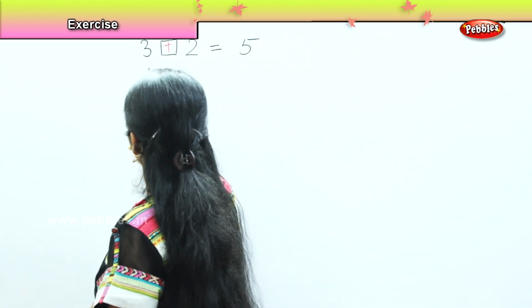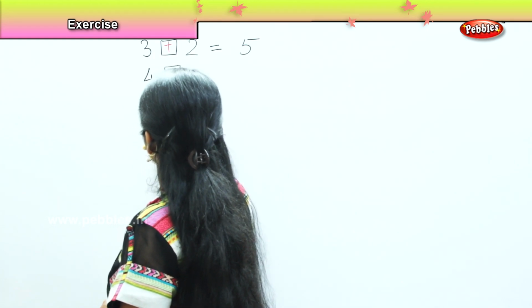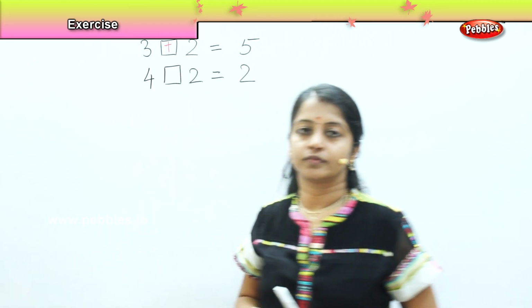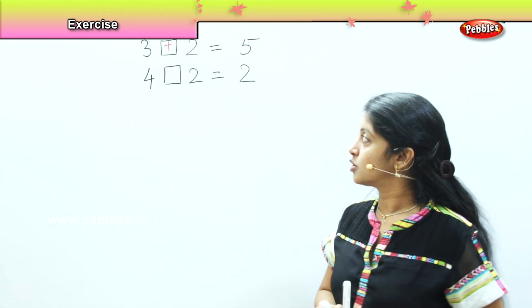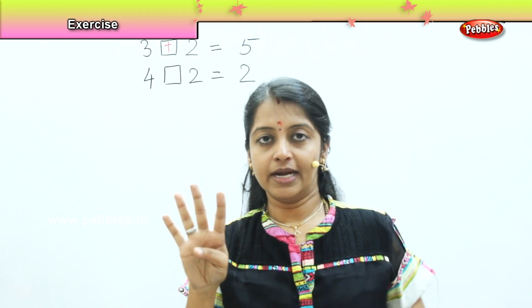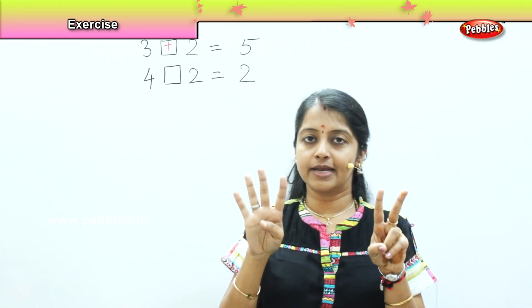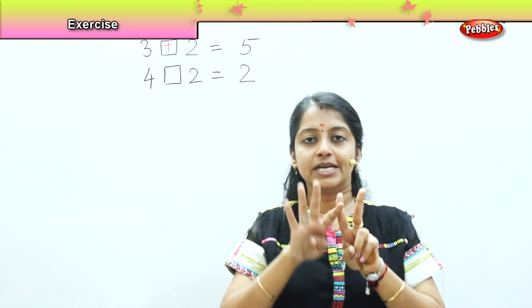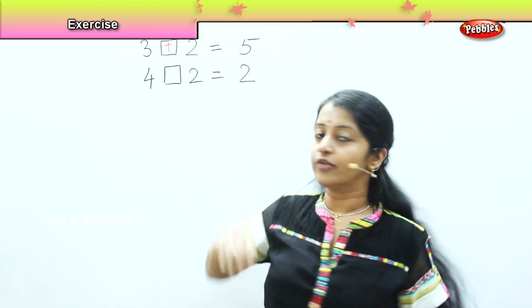Now, 4, 2, 2. Right. So, what will happen? Now, if I take 4 in one hand and I take 2 in the other hand, what is the answer I get? 1, 2, 3, 4, 5 and 6. But what is the answer given for me?